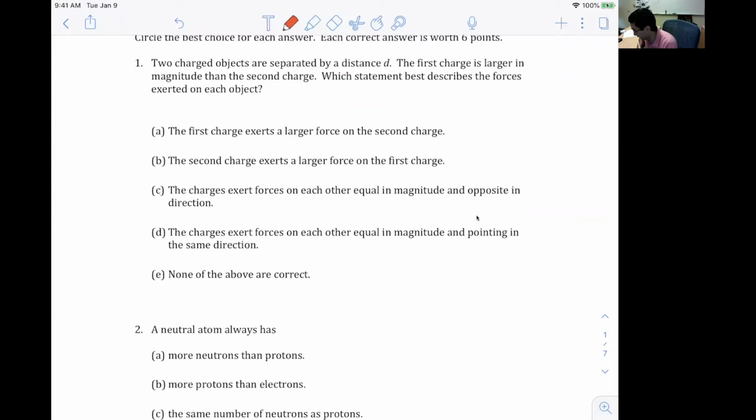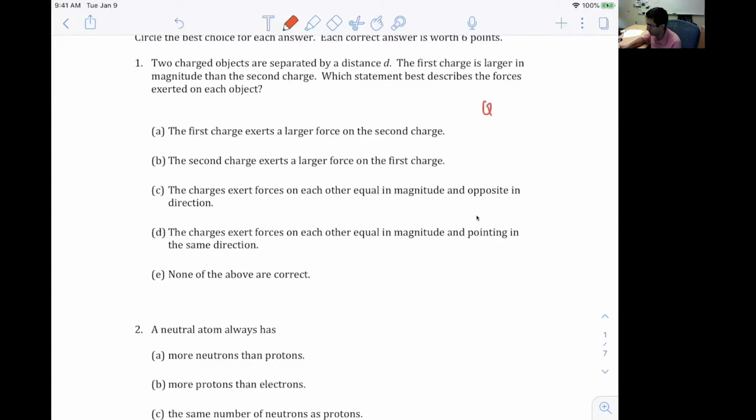So let's get started. The first question asks about two charged objects separated by distance d. One charge is larger in terms of magnitude than the second one. Which statement best describes the force exerted on each object? So it asks about the Coulomb's force, the electrical force between two charges.